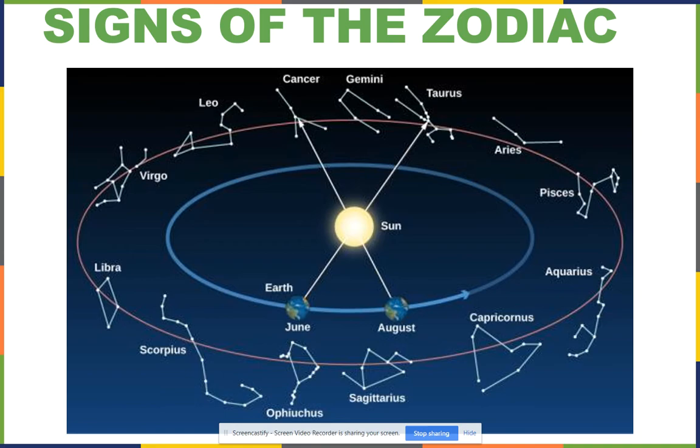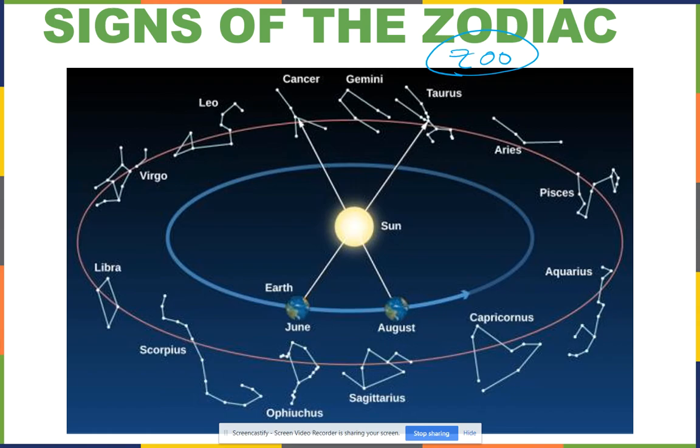But the signs of the zodiac is not in and of itself something evil. The zodiac means the zoo. The signs of the zodiac is the zoo of constellations that reside plus or minus, I think it's 18 degrees from the ecliptic. The path that, as viewed from the Earth, the sun goes through in the sky.